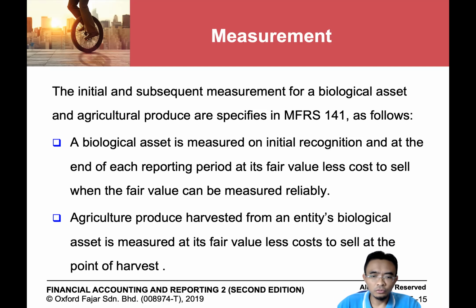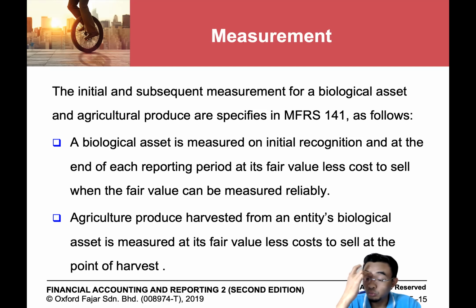For agricultural produce harvested from an entity's biological asset, at the point it is harvested, on the day it is harvested from the trees, for example, or on the day the wool is harvested from the sheep, on that particular date, we should find the fair value less cost to sell of the produce. So we measure the agricultural produce at that particular price.